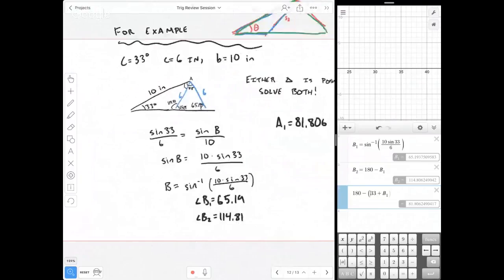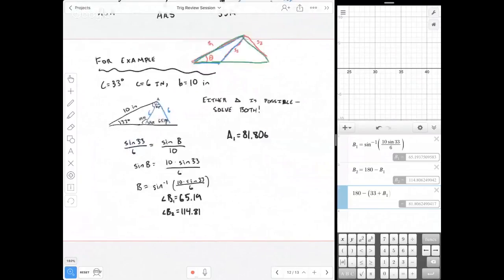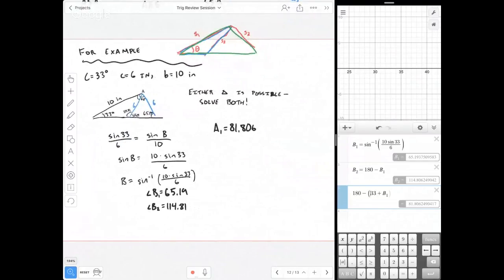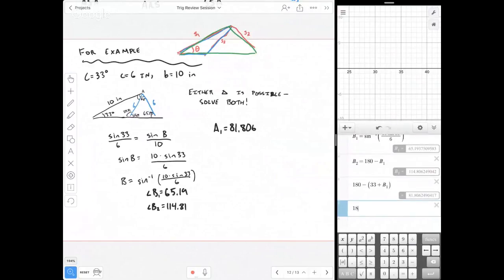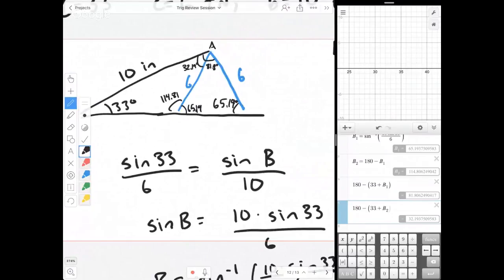So let's say, what's 180 minus 33 plus B2? 32.19 degrees. 30.19 degrees.